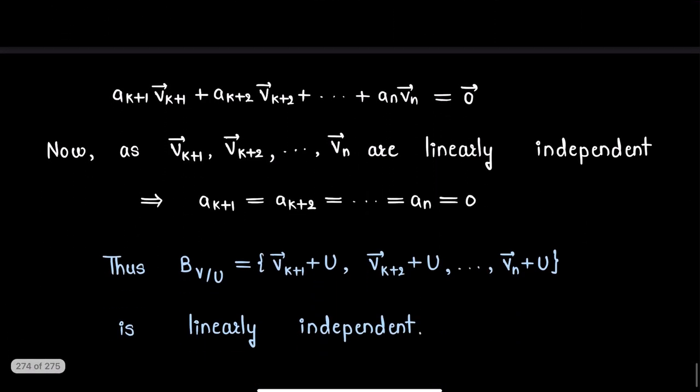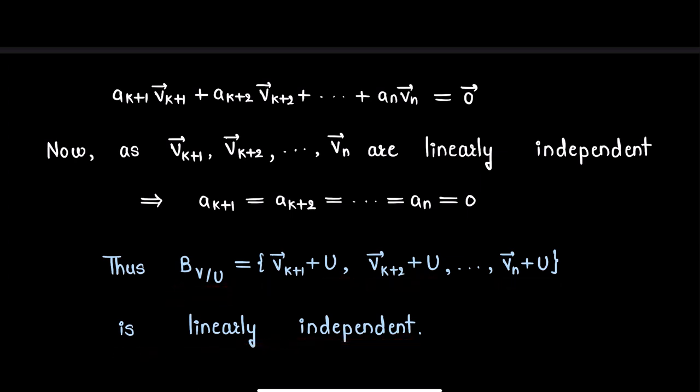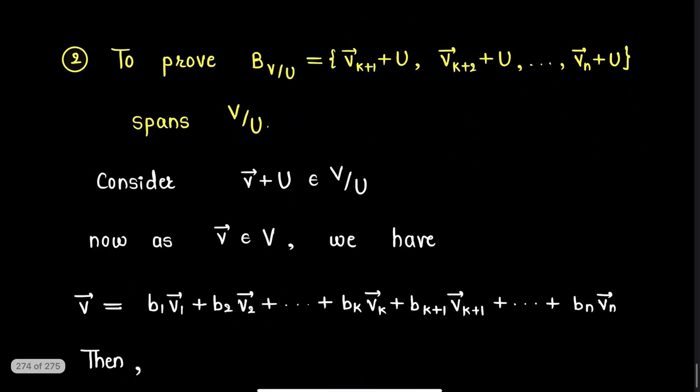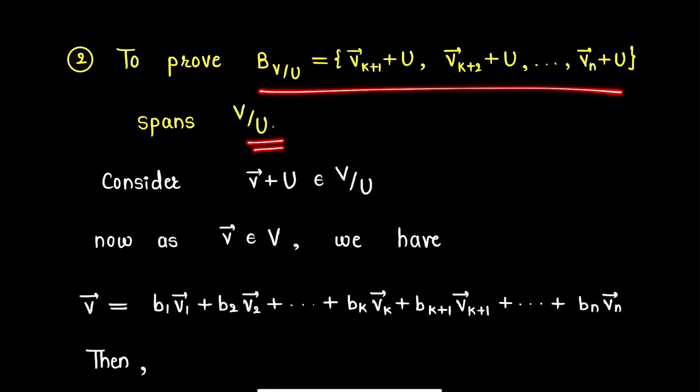So this set BV modulo U containing these cosets is a linearly independent subset of the vector space V modulo U. Now secondly we will prove that this set spans the vector space V modulo U.